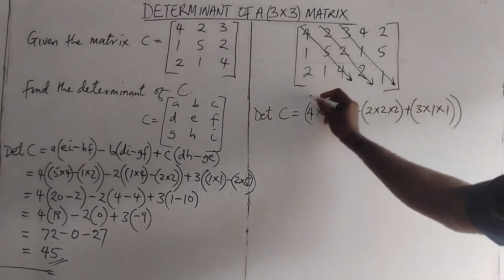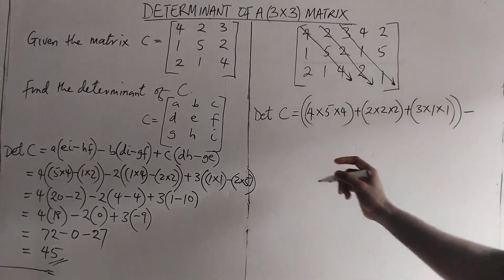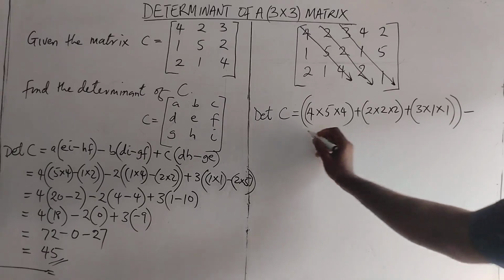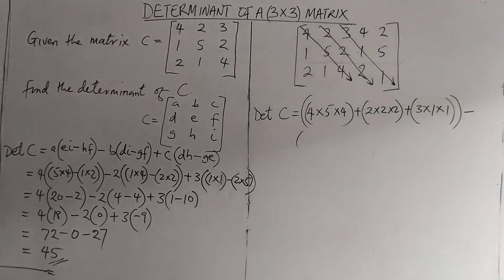Whatever you get from the sum, you use it to subtract the sum of the other diagonals.